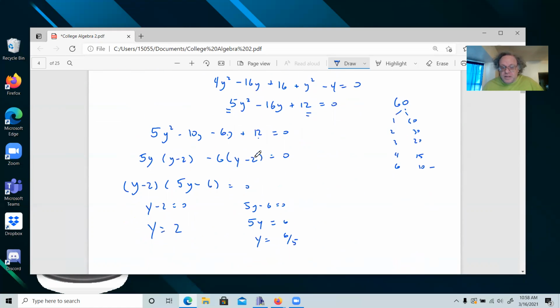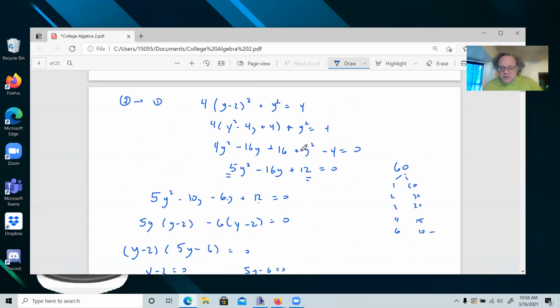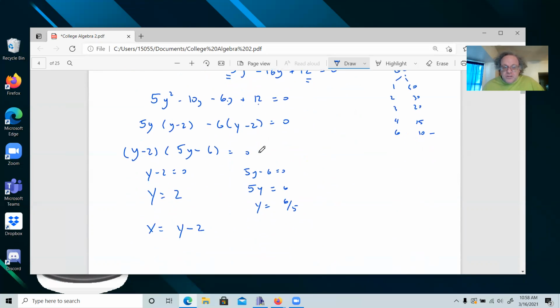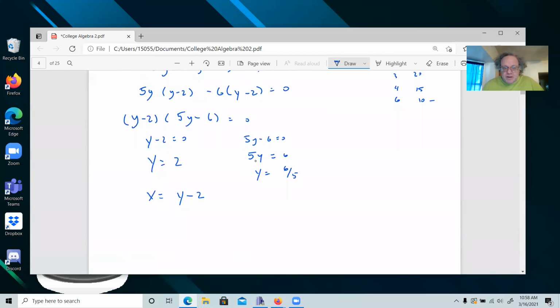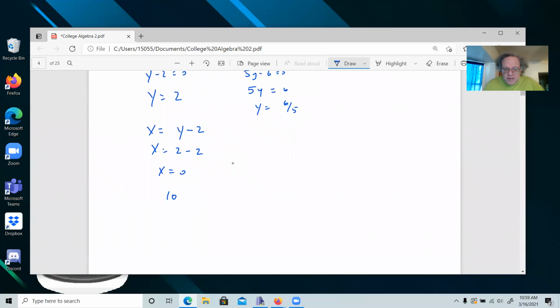In the first case, we have the formula y minus 2, that was our substitution. So let's take y equals 2. So x is equal to 2 minus 2. Great, x equals 0. One solution we have is 0, 2.